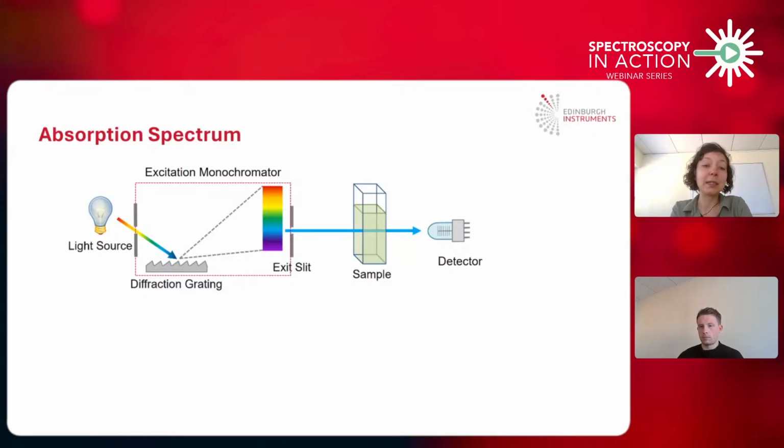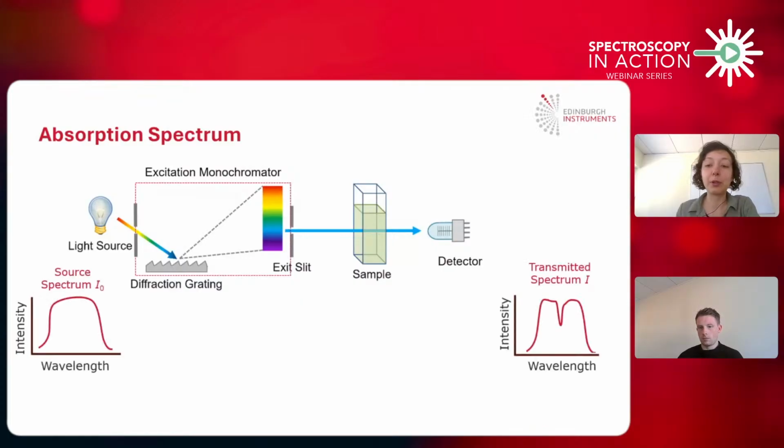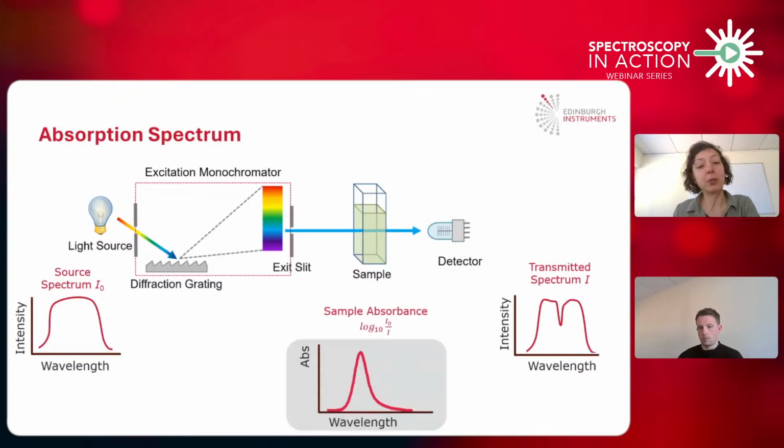So we have monochromatic light passing through the sample and reaching the transmission detector. And as you scan the excitation monochromator, you're going to get a spectrum. So if you measure transmission through a sample and through a blank, you can then use this information to obtain the absorption spectrum of the sample, applying this well-known absorbance formula.